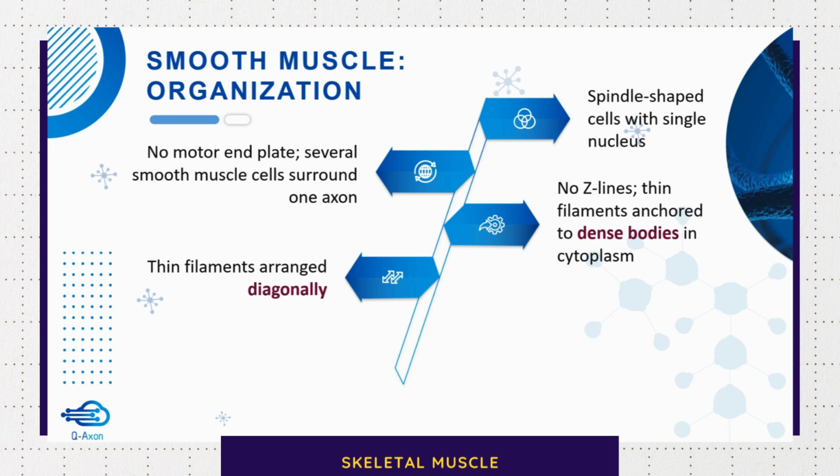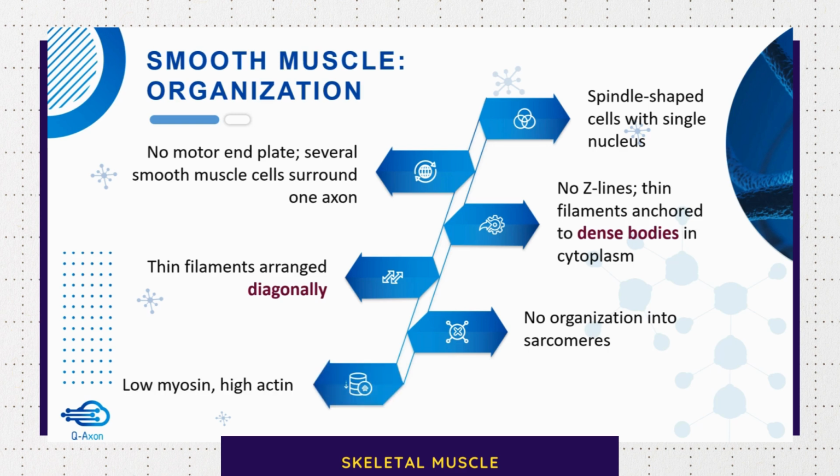The actin filaments are arranged diagonally, and there is no organization into sarcomeres. Also, if you look at the actin-myosin ratio in smooth muscle, it is quite high at 10:1 when compared to 2:1 in skeletal muscle. So this means that the myosin content is low.